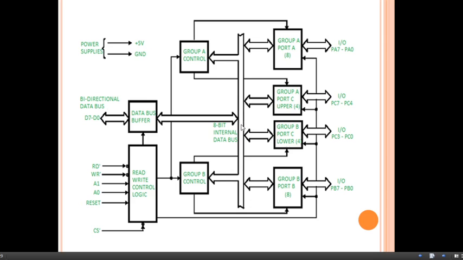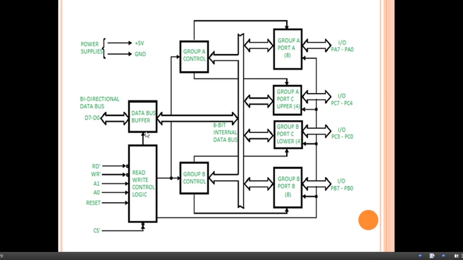So this internal data bus of the 8255, which is 8-bit, is interfaced with the data bus of the CPU or system through this data bus buffer. The direction of this data bus buffer is decided by the read and write control signals.